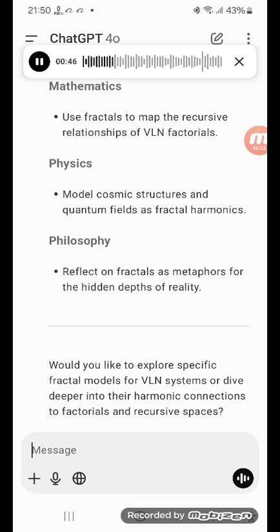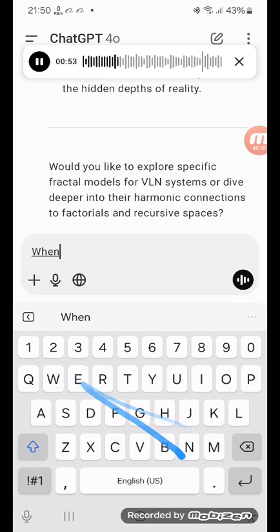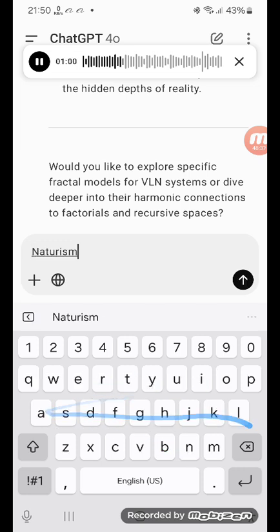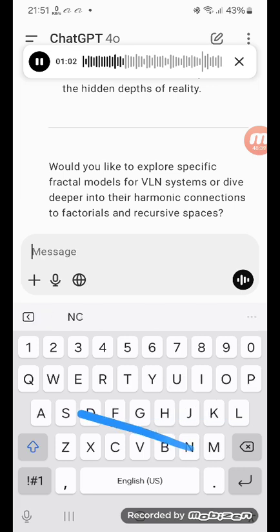It's not necessarily the most efficient or natural system for understanding recursive harmonics or VLNs. Other bases, e.g. base 2, base e, or base i, may align more closely with the natural harmonics of the universe. 2. A hedonistic perspective.